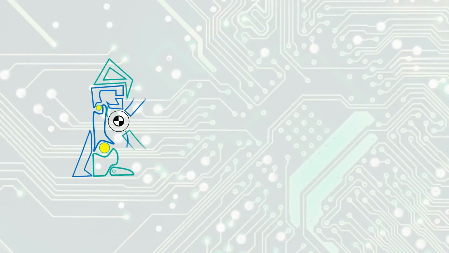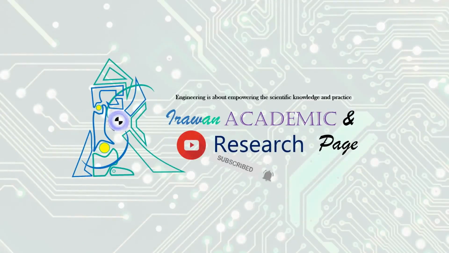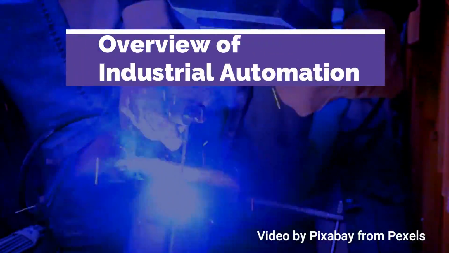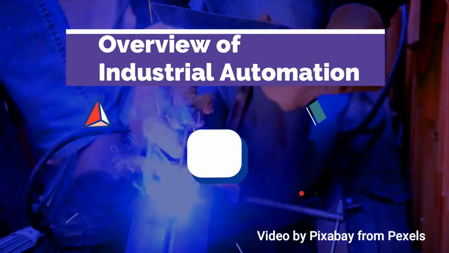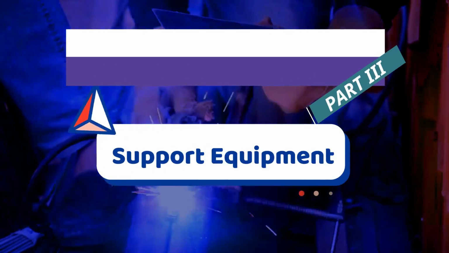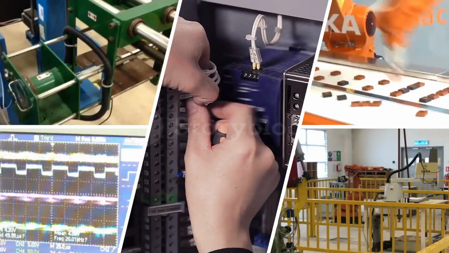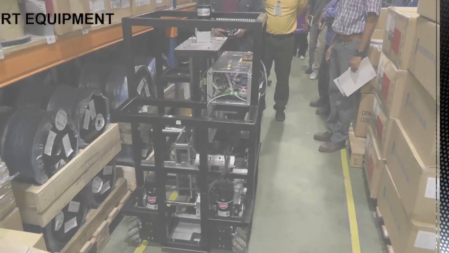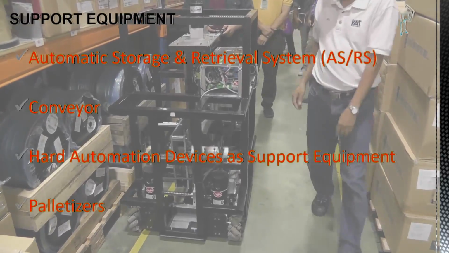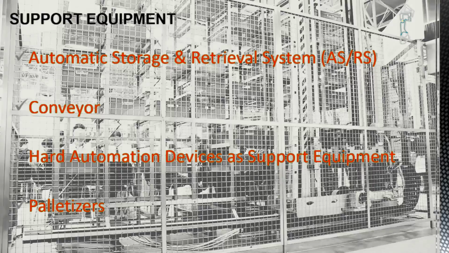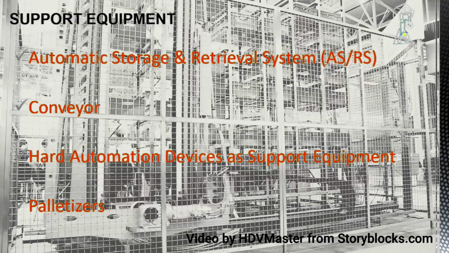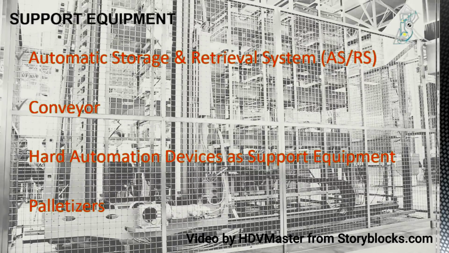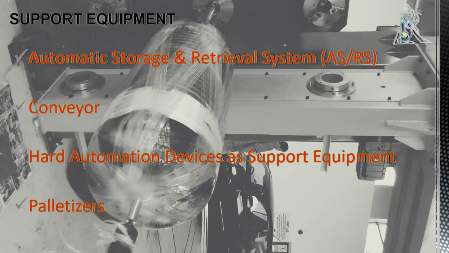So, actually, for this video, I would like to continue the overview on industrial automation. But for this video, I will continue with the support equipment. As we can see here, we have about four basic elements in the industrial automation support equipment, which are automatic storage, conveyors, hard automation devices, and also palletizers.